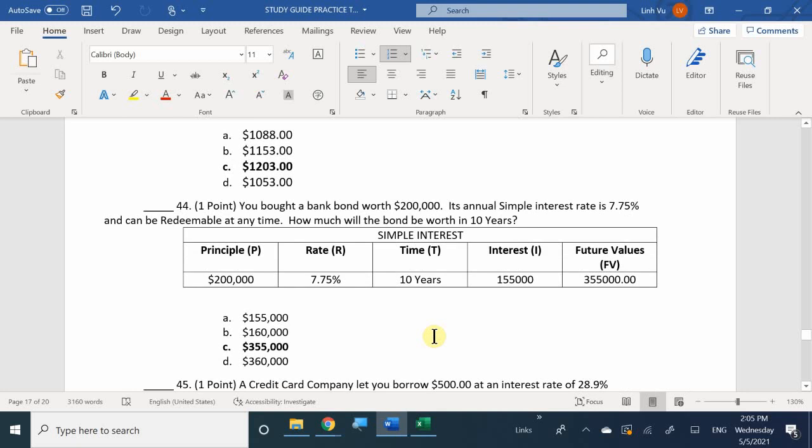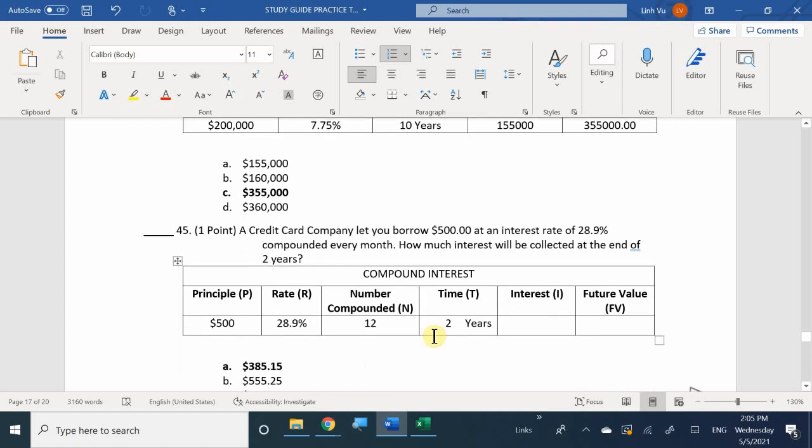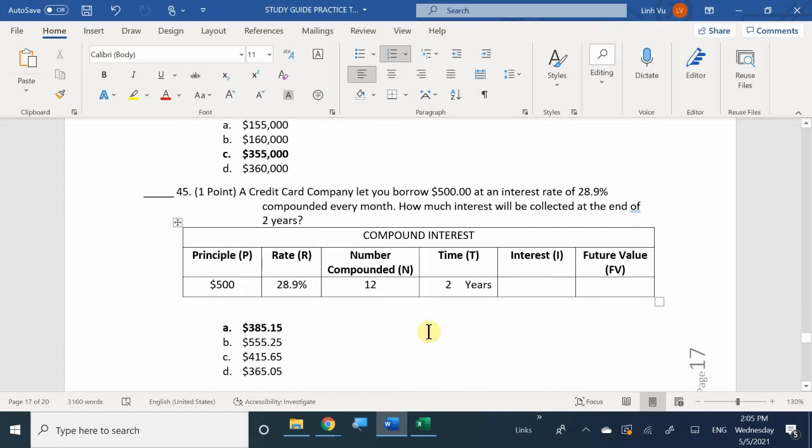I may ask you a double question, right? For one specific problem, I may ask you, well, what is the interest for this one? And then what is the future value for this one? So I can test you on both. Any questions here?